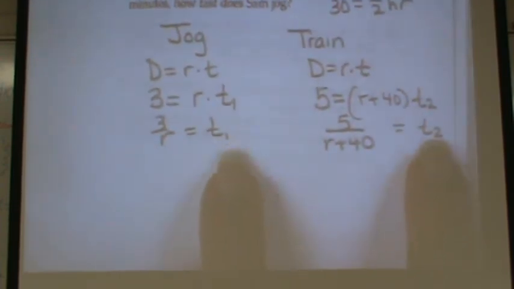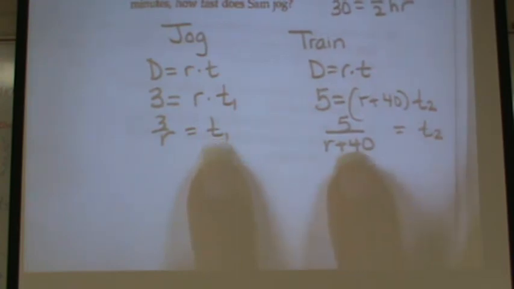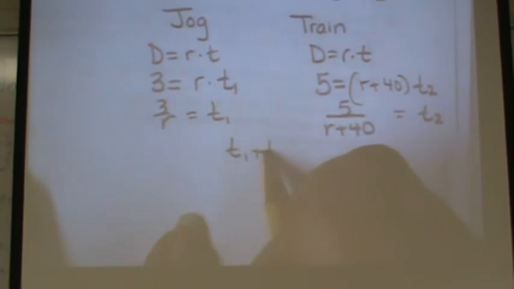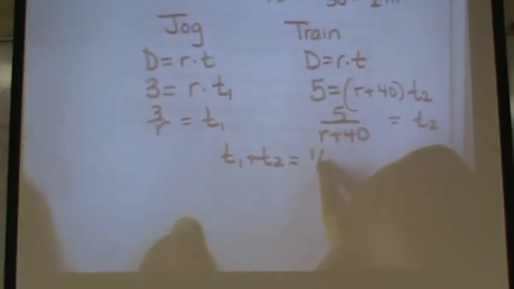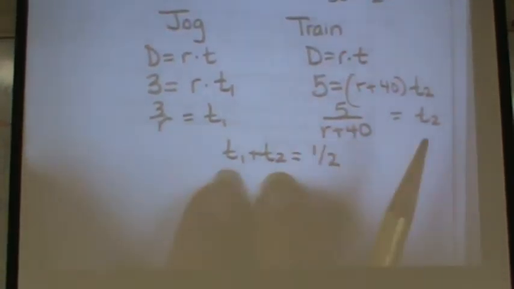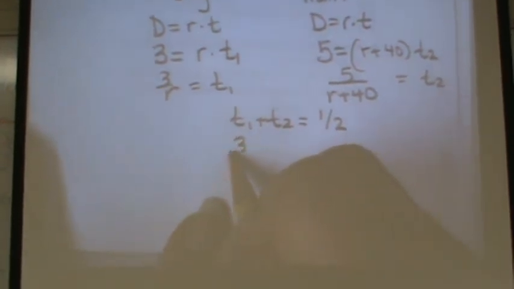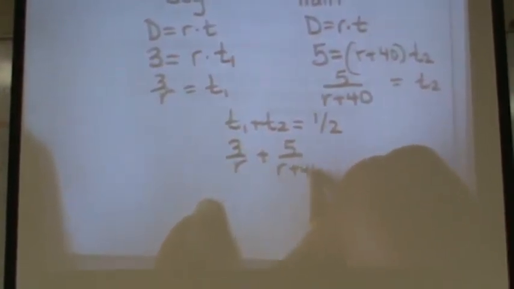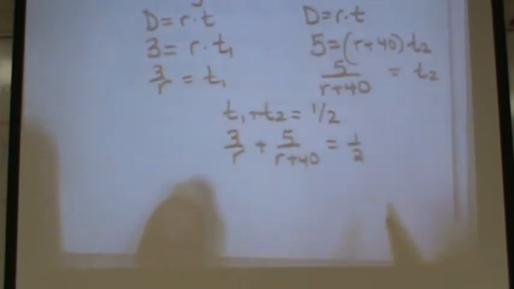It says it takes a half hour, 30 minutes, to complete both the jog and the train. So if T1 plus T2 is equal to 30 minutes or a half hour, you're going to plug these two in. So 3 over R plus 5 over R plus 40, set that equal to a half.